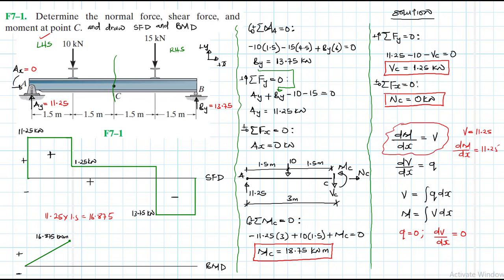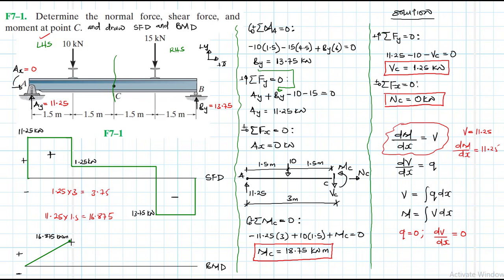to 4.5, the shear is again constant. So you expect again the slope of the moment to be constant, and the shear is positive, so the moment is going to have a constant positive slope. So what is this magnitude? This magnitude is 1.25 times 3, which is equal to 3.75.